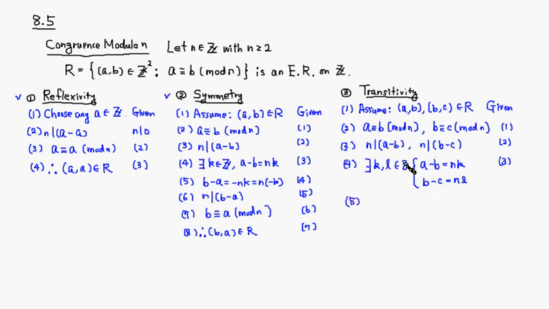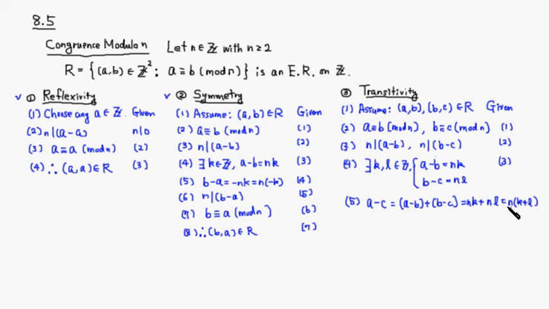Line number 5: since we're interested in a minus c, we can add these two together. a minus c can be obtained by adding a minus b and b minus c, because b and negative b cancel out. This is just the sum of nk and nl, which is n times k plus l.